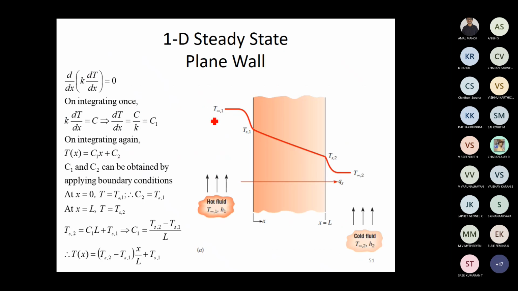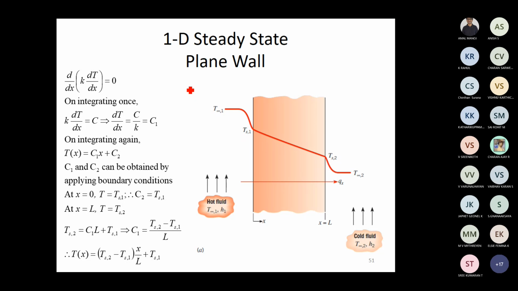Okay, now we will consider the plane wall, a geometry called a plane wall. The plane wall is something you can very easily visualize, the wall of your house. You can imagine the situation. You have a room in your house, and one wall of that room is on the east side.